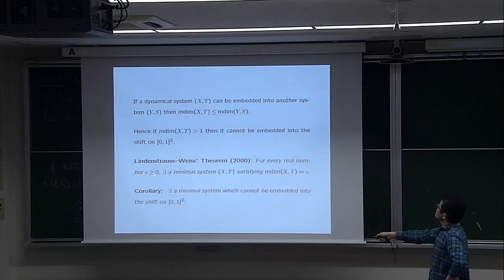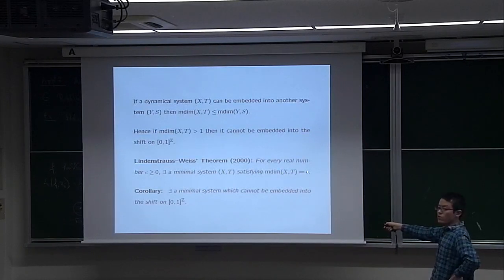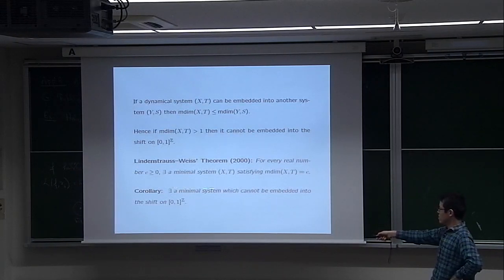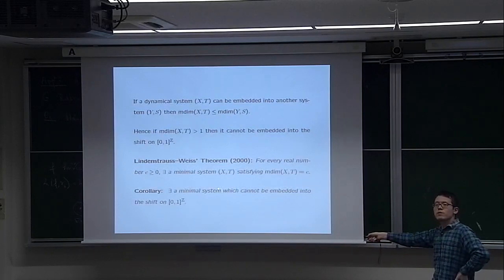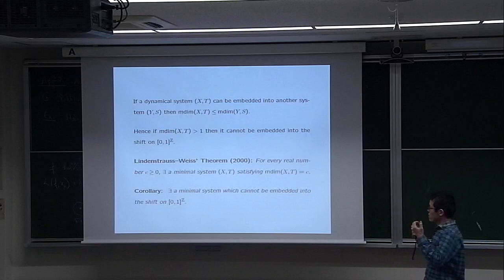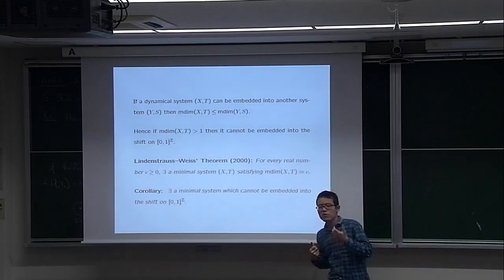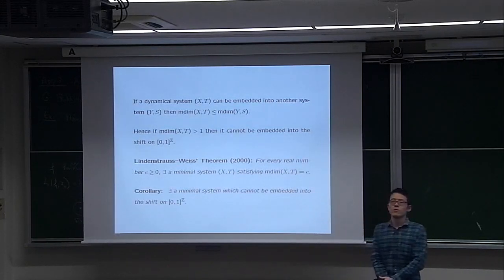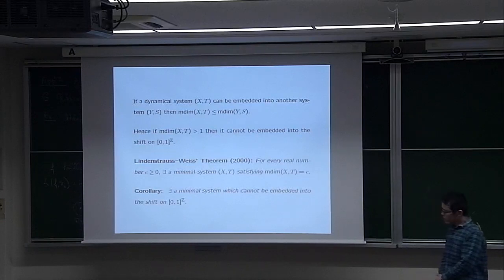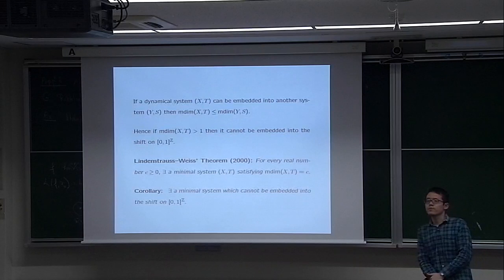For every non-negative real number C, there exists a minimal system of mean dimension exactly equal to C. Then as a direct consequence, there is a minimal system which cannot be embedded into the shift on the Hilbert cube. For example, we can take a minimal system whose mean dimension is equal to 2. So this corollary negatively solves Auslander's question.